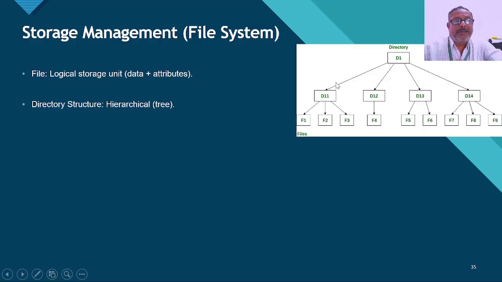And then these files, for our quick reference, are maintained hierarchically in a tree format under the directory structure, so that we can easily understand where our file is. Instead of having everything dumped at one place, we can logically divide them into directories, and in each directory we can have different files, directory, subdirectory, and so on.